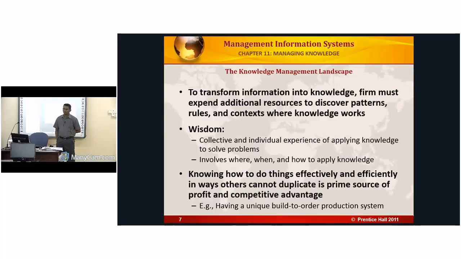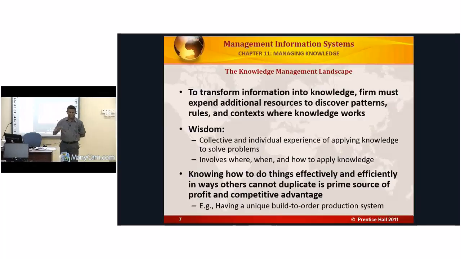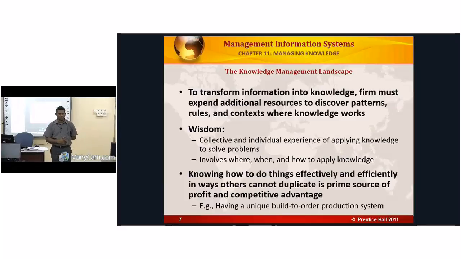So why do people need knowledge management systems? So what is the purpose of having knowledge management inside management information systems?